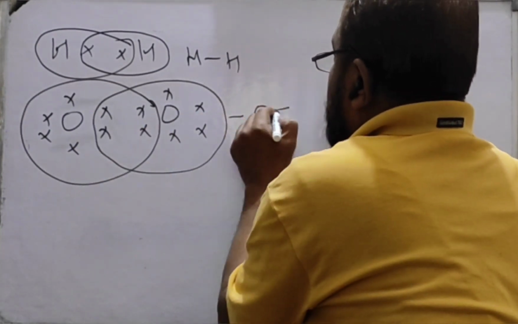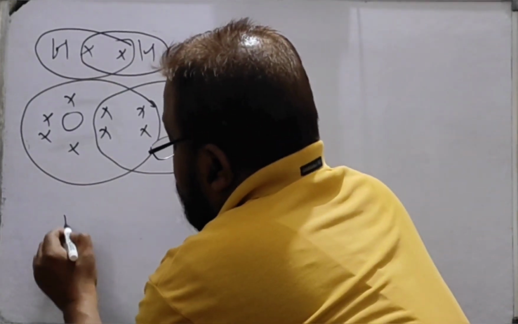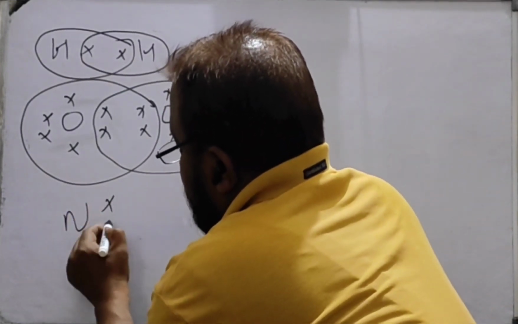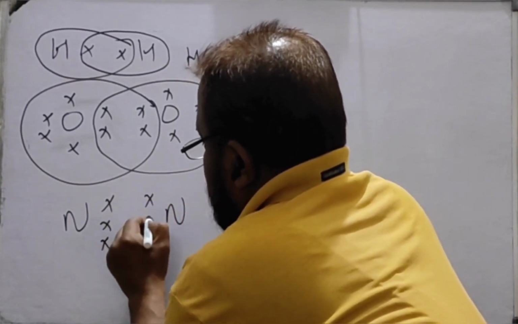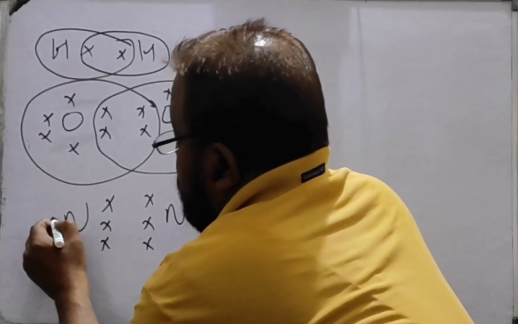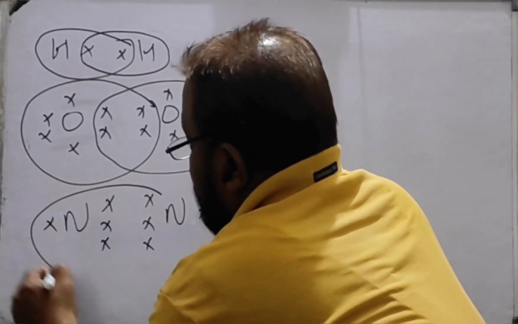So we get an oxygen-oxygen double bond. Two bonds are formed. In the case of nitrogen there are 5 electrons in its outermost shell.